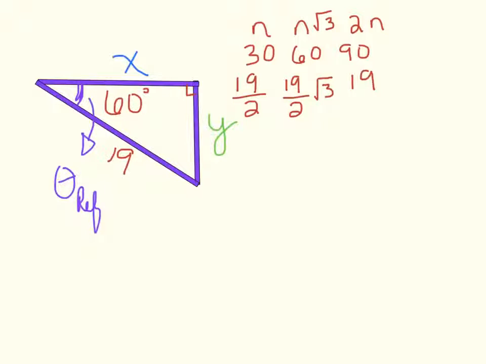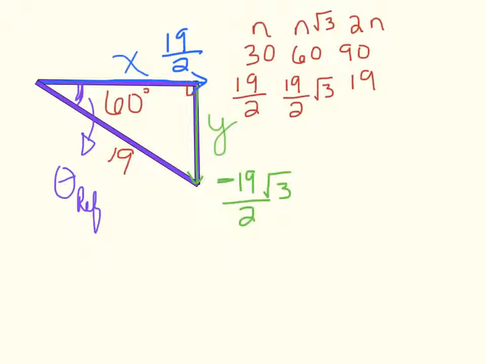So my y coordinate, since it's going down, it's going to be negative, and that's the side across from the 60-degree angle, so since our y-coordinate is going down again, it's going to be negative 19 over 2 root 3. And my x-coordinate going in the positive direction, so that's just going to be positive 19 over 2.